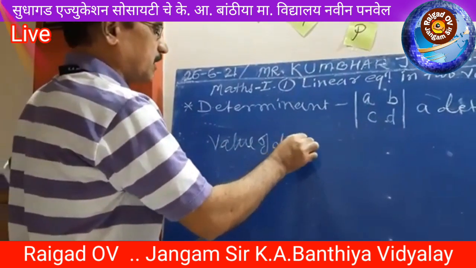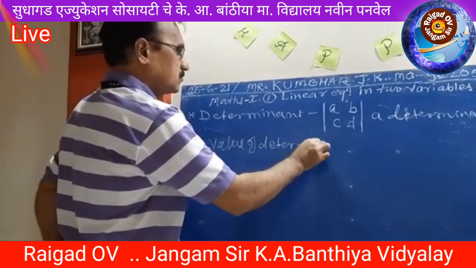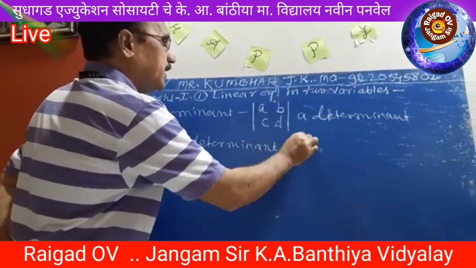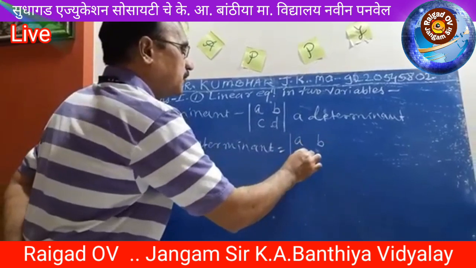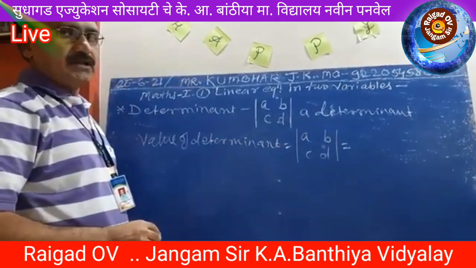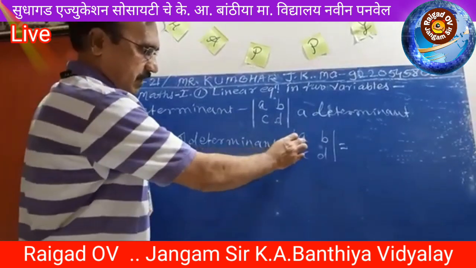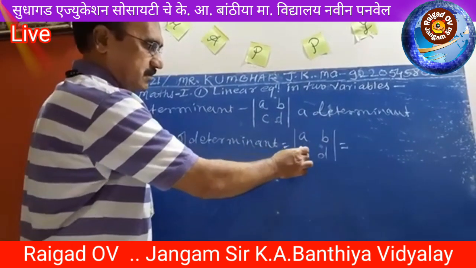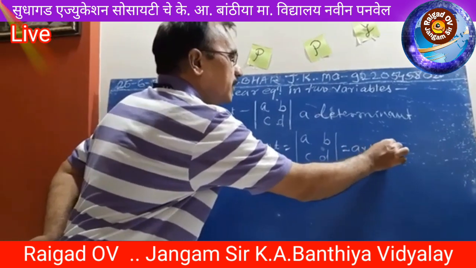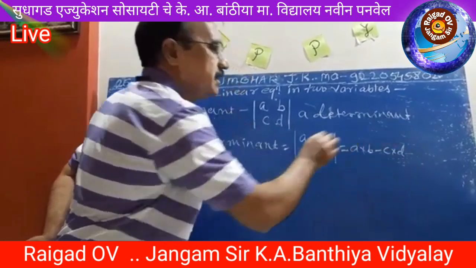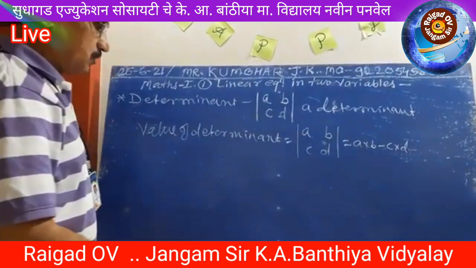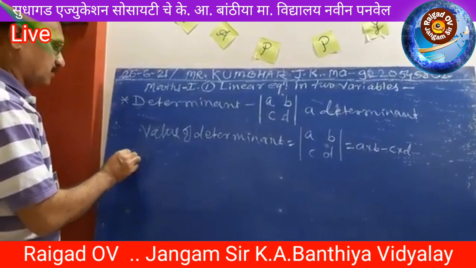Value of determinant A, B, C, D is equal to, for finding the value of determinant, multiply A into D minus C into B, that is A into D minus C into B is the value of the required determinant.